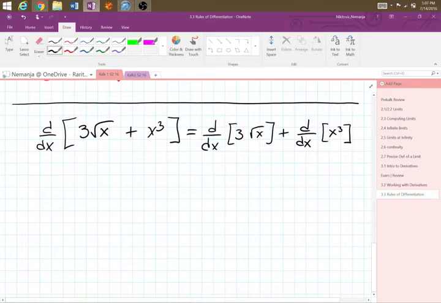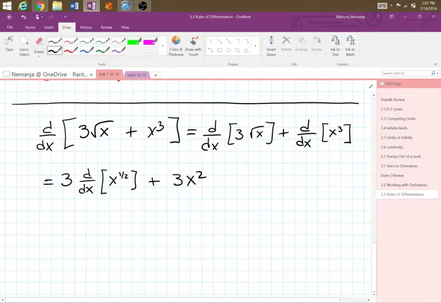So all of the pluses and minuses immediately break up the derivatives. Now the first one will kick 3 out. That's the constant rule. And you are just focusing on taking the derivative of x to the 1/2. The second one you just do as 3x squared. You're done. So that's the power rule.